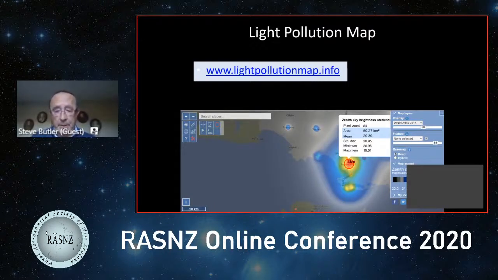And here's Invercargill, my home patch. There's two pieces of information there that I want you to take a note of. There's a 4-kilometre radius circle over the top of Invercargill, and the minimum and maximum numbers mentioned in the wee box just above it are visual magnitudes per square arc second.